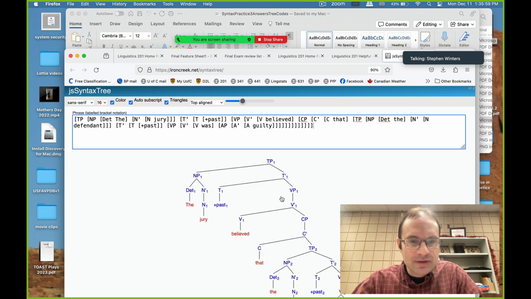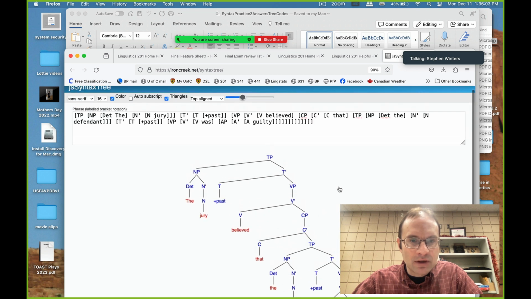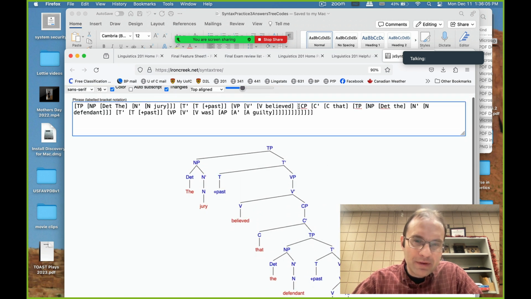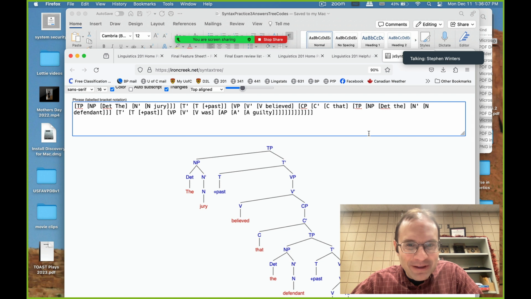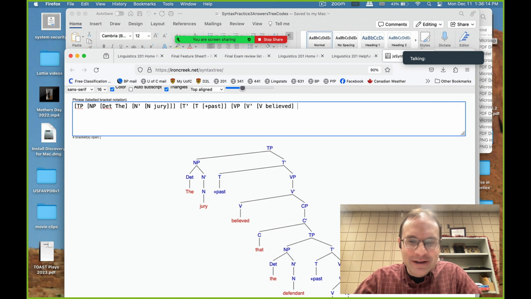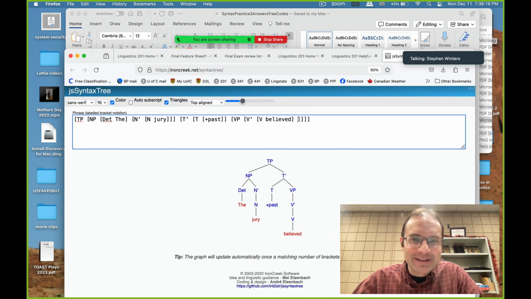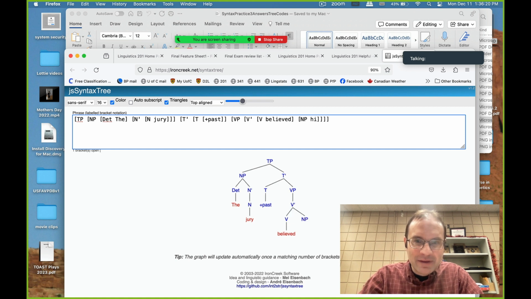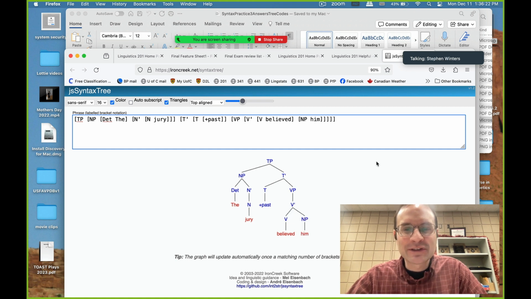Hopefully you can see this. So this is the jury believed that the defendant was guilty. Zoom just throws so much stuff in your face, it's hard to keep it all organized. Let's say you could have something simpler like that.